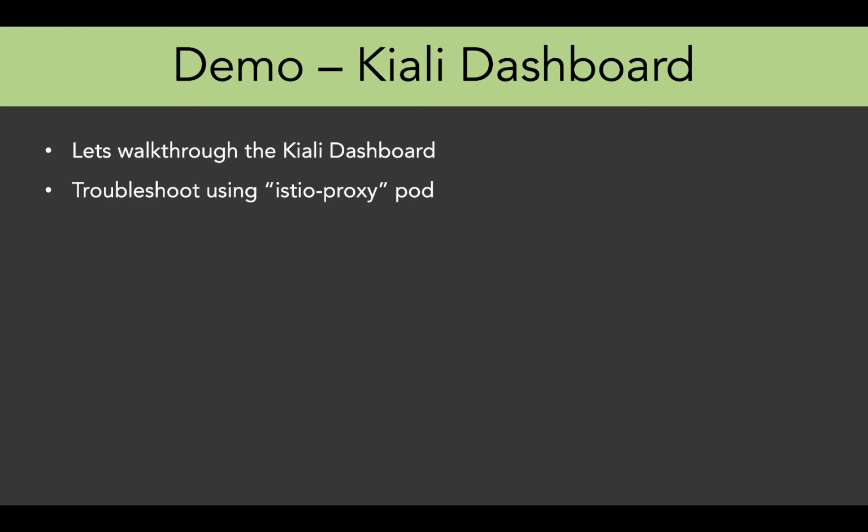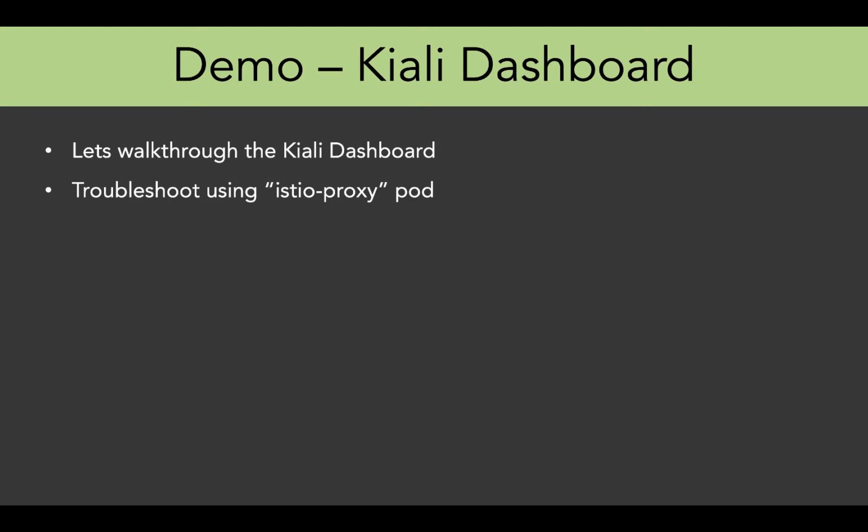The only difference is that you have to log in to, or you have to take a look at the log of the Istio proxy of that particular pod. Let's say you are troubleshooting Istio ingress gateway, then you'll have to take a look at the Istio proxy pod of Istio ingress gateway. Or you are troubleshooting one of your application components, you have to take a look at the Istio proxy of the pod from where the traffic is not working properly.